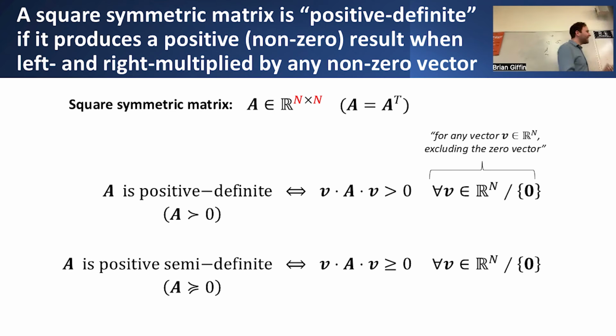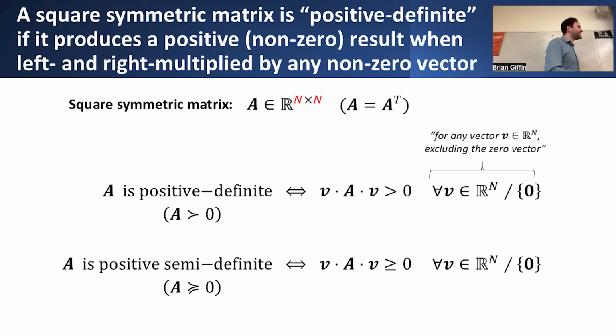So at the end of the day, v transpose times A times v gives me a scalar. And if that resulting scalar is always positive, regardless of what vector I choose, then I can say that matrix A is positive definite. There are implications as to what that means and why we care about that, but we won't arrive at those discussions until a little bit later.